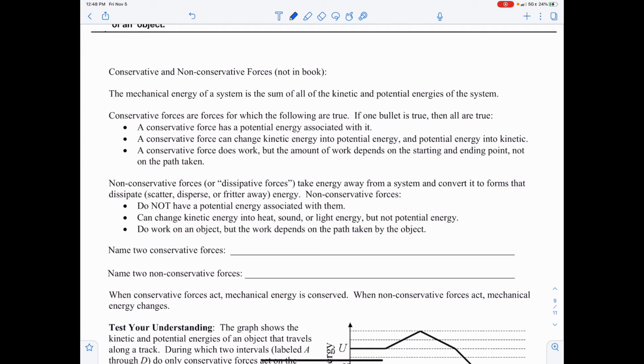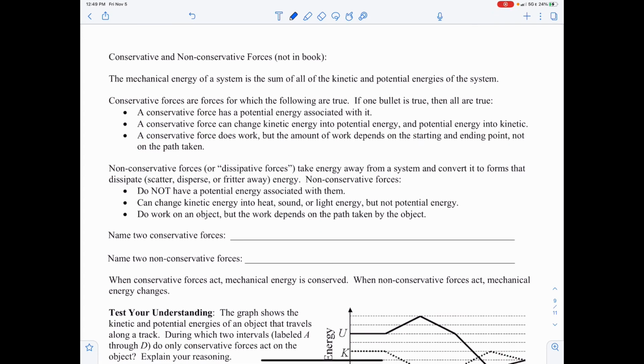Conservative and non-conservative forces. Now, this is a section that's not in the e-textbook, so let's take a second to go over what a conservative force and a non-conservative force are. Conservative forces are forces for which the following are true. Do keep in mind, if one bullet point is true, then they're all true. A conservative force is one that has a potential energy associated with it.